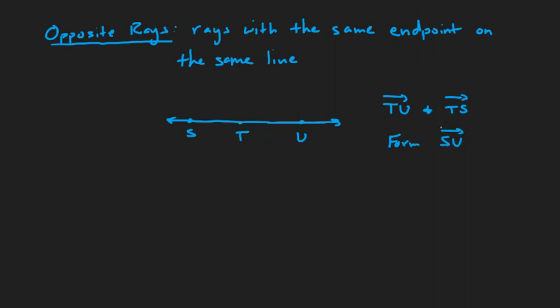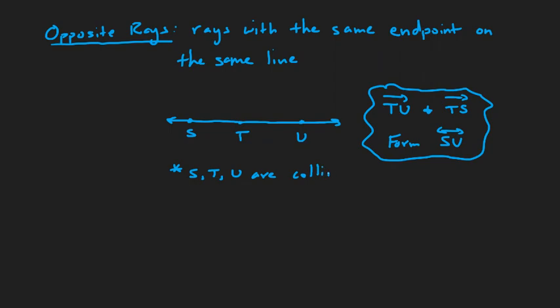This is a good description for this picture: ray TU and ray TS form line SU. We talked about this word in the last video, but we would say S, T, and U are, because they're on the same line, collinear. That's a vocab word from last class.